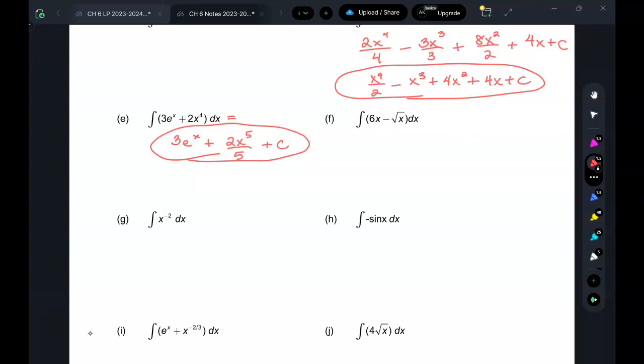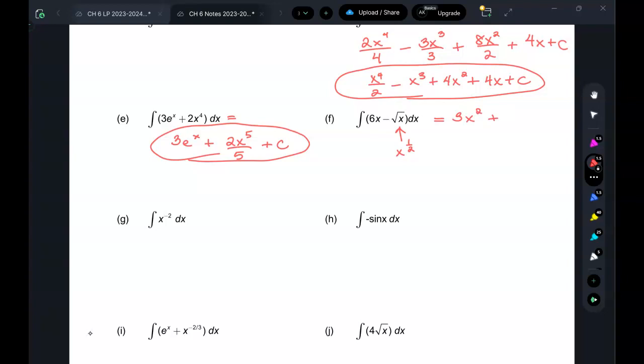Okay, keep in mind that's x to the 1/2, so we can still apply that power rule. The first one is going to be 6x squared over 2, which makes it 3x squared. And what happens with x to the 1/2?